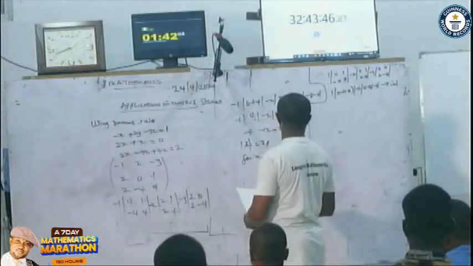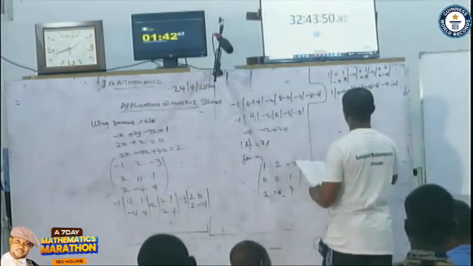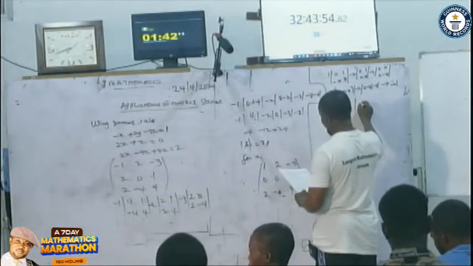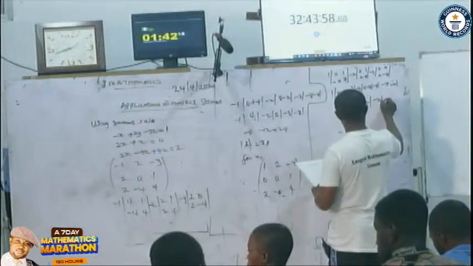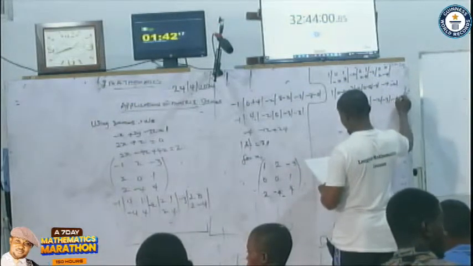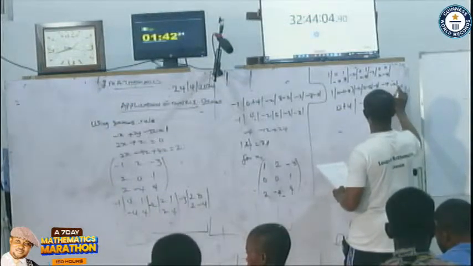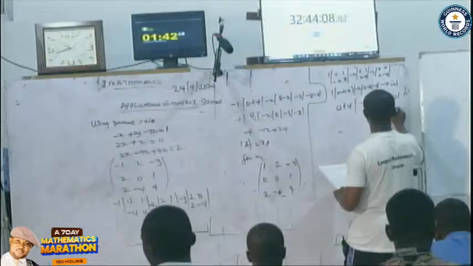So from that point, this will now be what? 0 plus 4 into minus 2, minus 3 into minus 6, minus 4. This place will be 0.